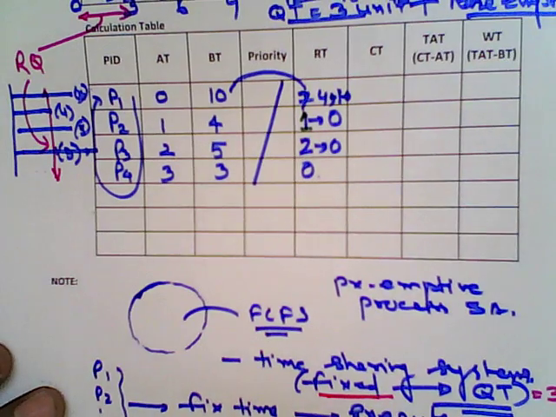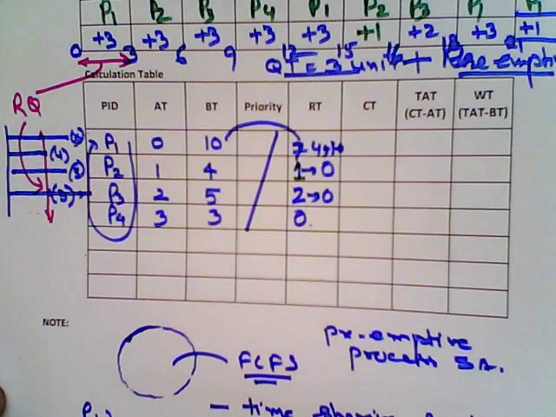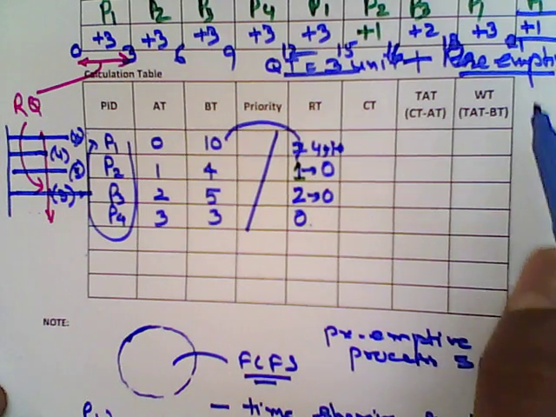Let us view the CT from these directions. The first process, P1, from the right side, needs 22 unit times to complete.